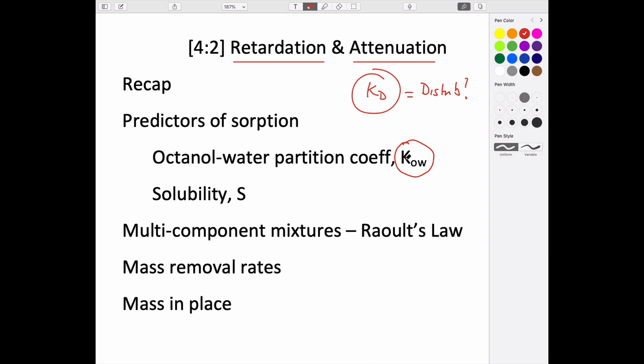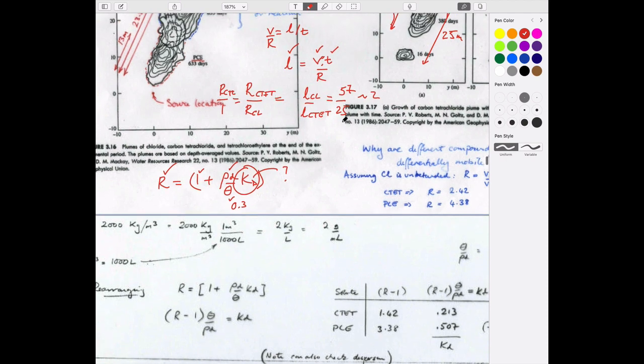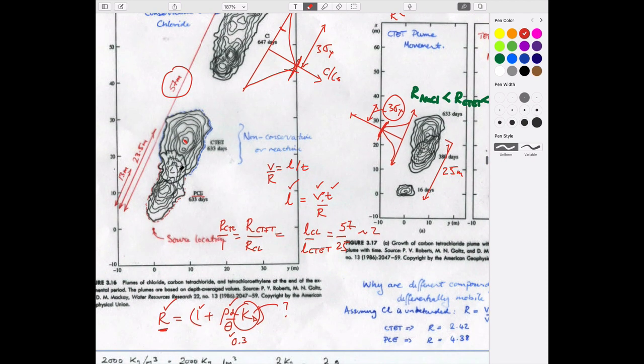And so if we know how much organic carbon is in an aquifer, maybe 1%, 2%, 3%, and we know what the fundamental octanol-water partition coefficient is, a chemical characteristic that we can get numbers for, we can automatically figure out what Kd would be. And if we know what Kd is, then we can use it in this expression to figure out what retardation is. If we know what retardation is, then we can figure out what the plume will do.